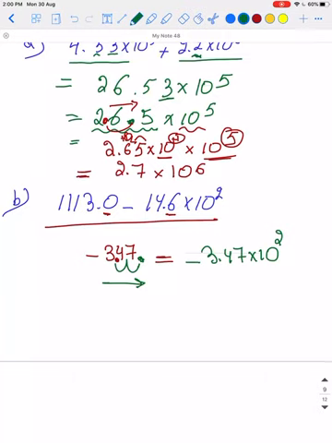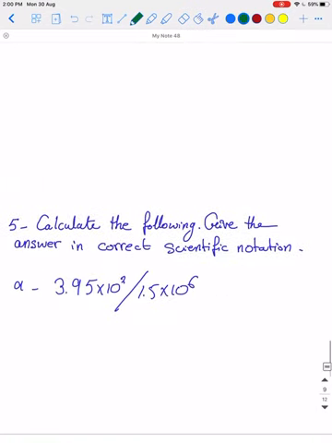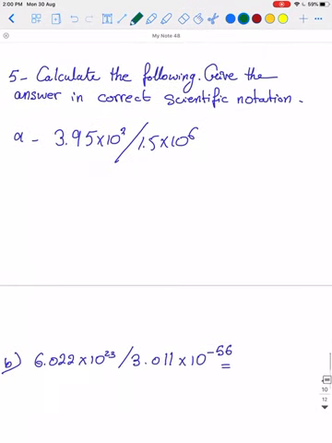But I want one number after the decimal, so this 7 will be rounded, cancelled, and we add 1 to the 4, so it will be minus 3.5 times 10 to the power of 2.